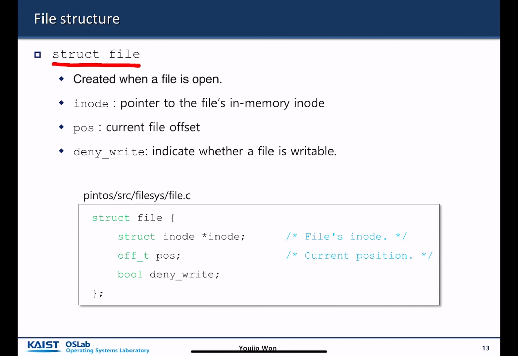And it contains a pointer to the inode. And the most important attribute of the struct file is position. It represents the position of a file where the read and write operation should apply. And it has a field to indicate whether a file is writable or not.